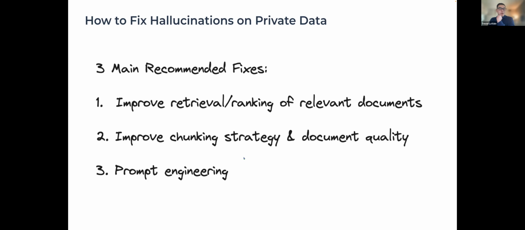Cool. So two other quick ones, and I think we kind of talked about the second one a little bit already, but improving the chunking strategy and document quality. So again, you can kind of imagine garbage in equals garbage out, right? If you have a lot of really low quality documents that you provide to the LLM, you're probably going to get a pretty low quality response. And then the last one is prompt engineering.